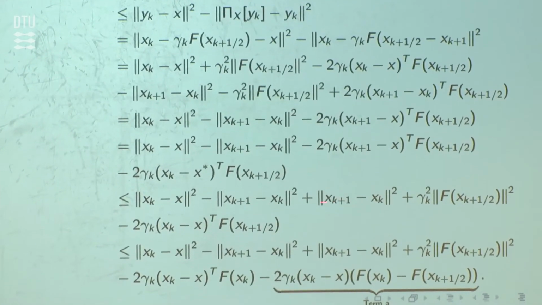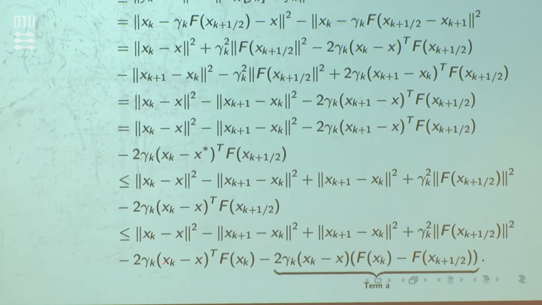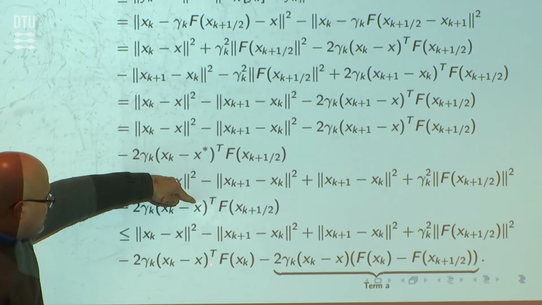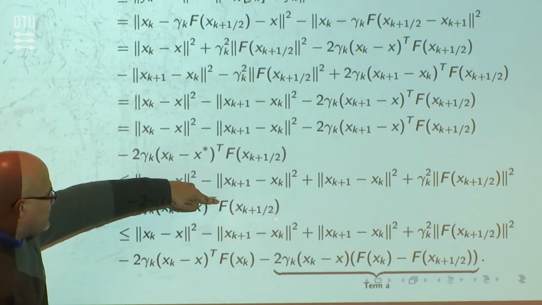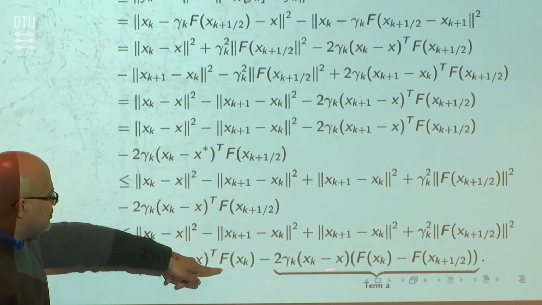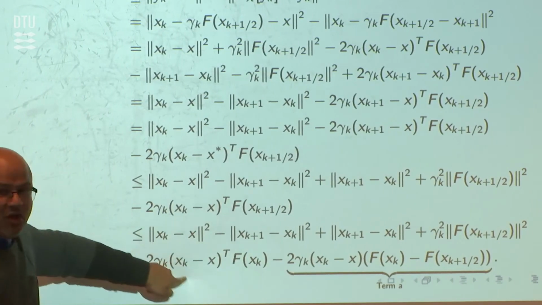Now, why is this helpful? Because now look, you have a minus and a plus, and you're going to see these cancel out. And now you had xk minus x. There was an f of xk plus half. I'm going to add and subtract f of xk. Okay? I'm nearly there, and the reason why I'm there is because this looks a lot like the gap function.